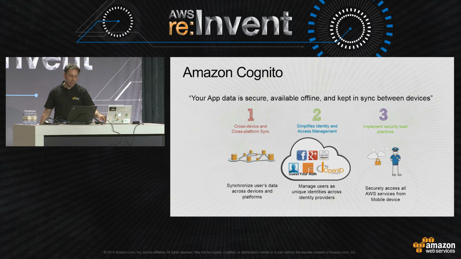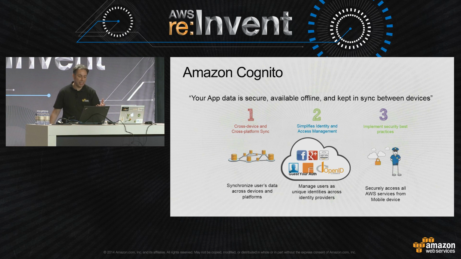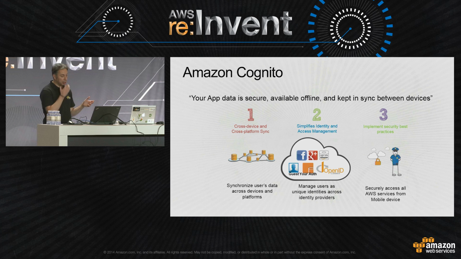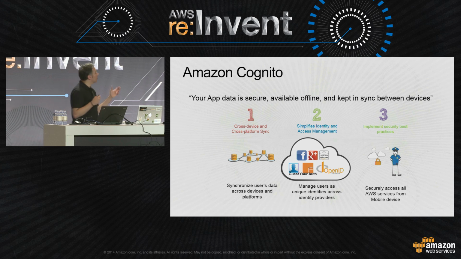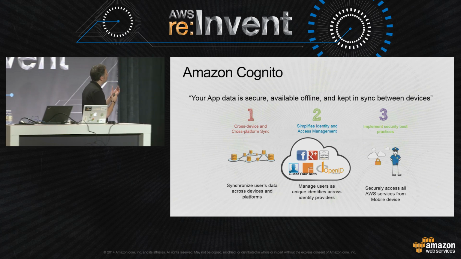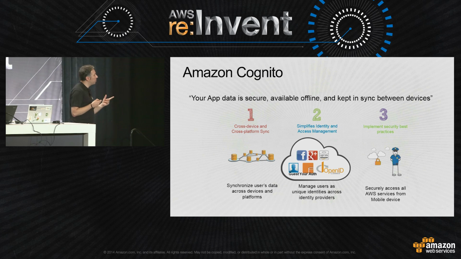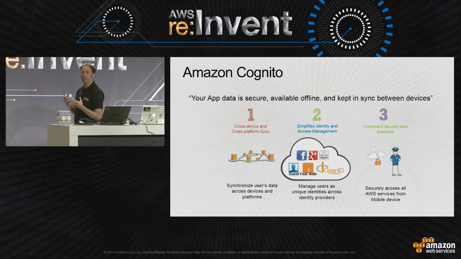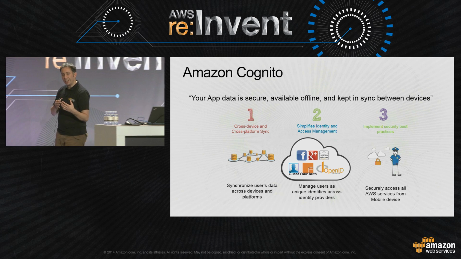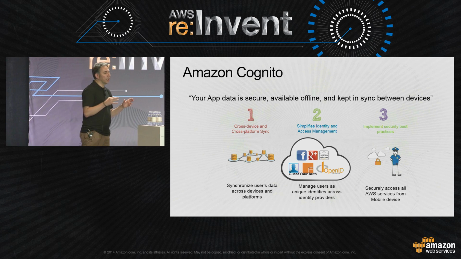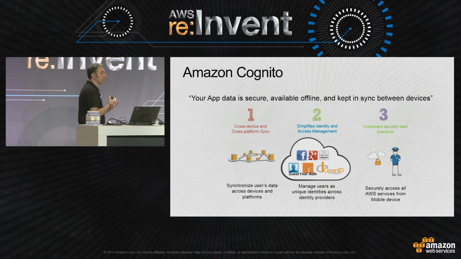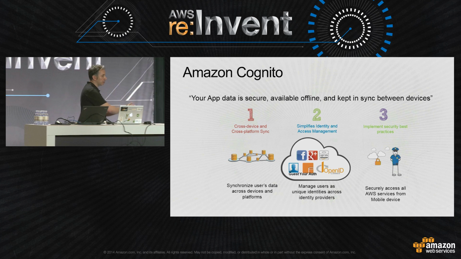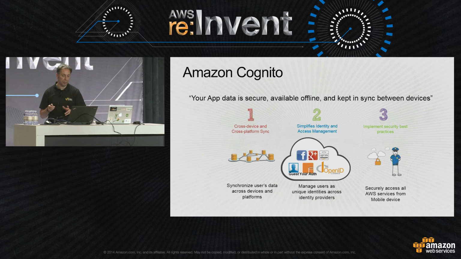With Amazon Cognito, the basic idea is that you start to manage cross-device and cross-platform synchronization. It really simplifies access management to our platforms, because Cognito will create a unique ID, and this unique ID will be associated with AWS credentials that allow the user to access our services directly with a specific role.